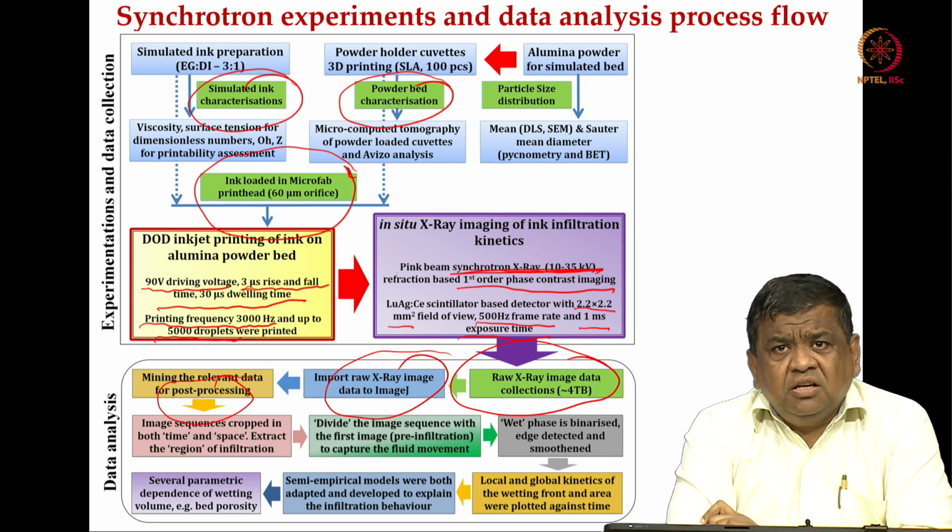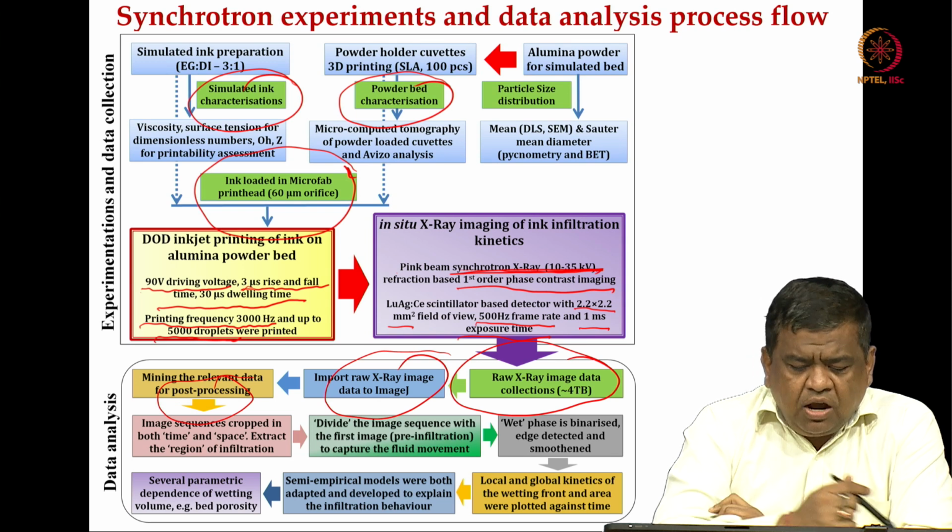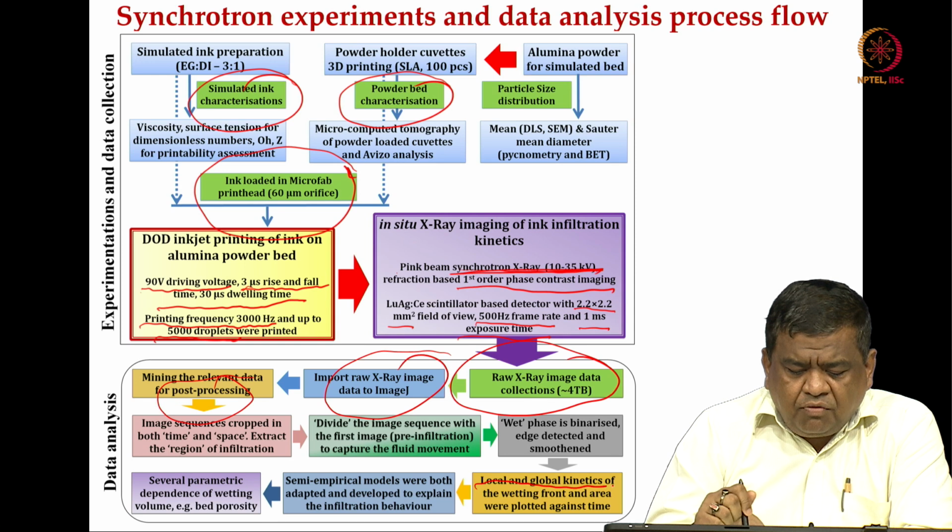Then the wet phase, after the interactions of the binder with the powder, is binarized, edge detected and smoothened. Then local and global kinetics of the wetting front and area were plotted against time.